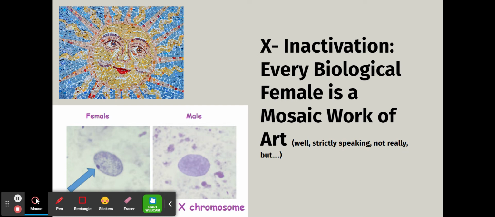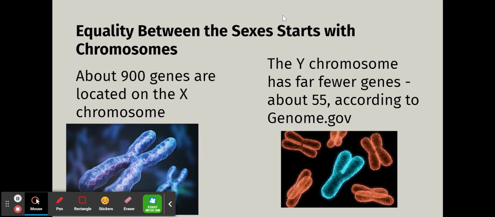Some cells with the mistake will continue to reproduce that mistake and express the characteristics of a trisomy, whereas other cells will have the original genome that came from the maternal and the paternal chromosomes that were contained in the fertilized egg, the zygote, right? X inactivation is how some cells equalize the gene dosage between males and females.